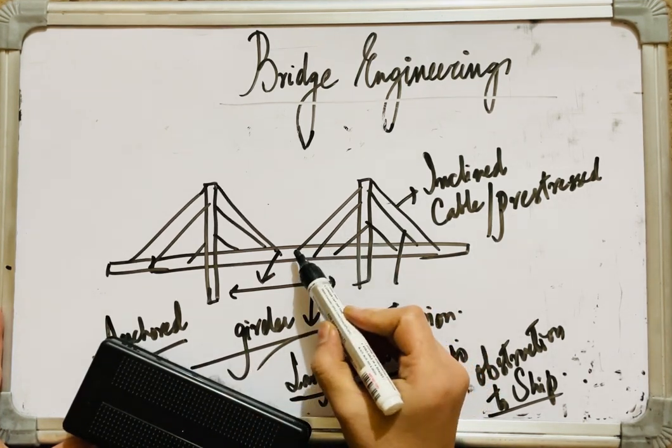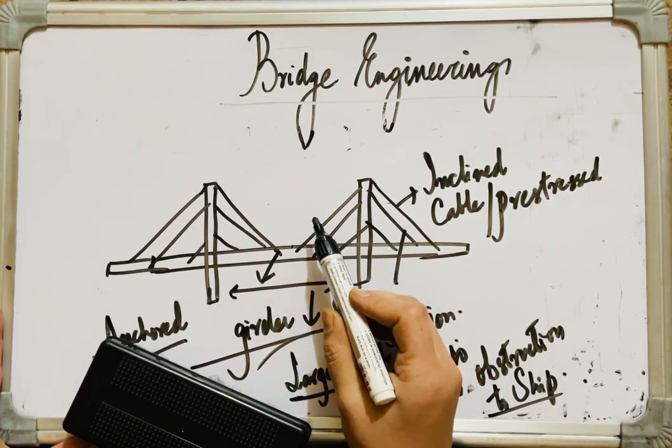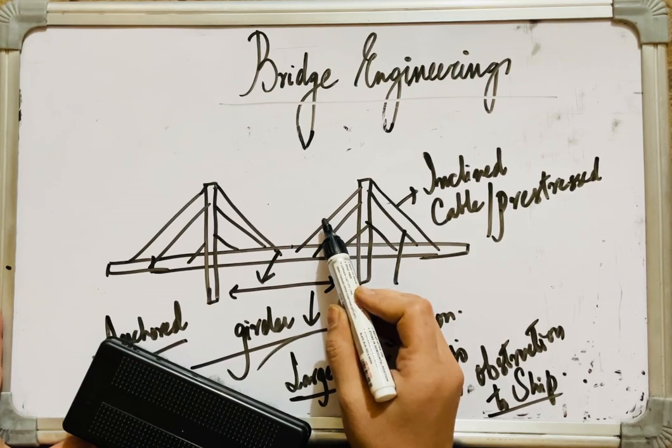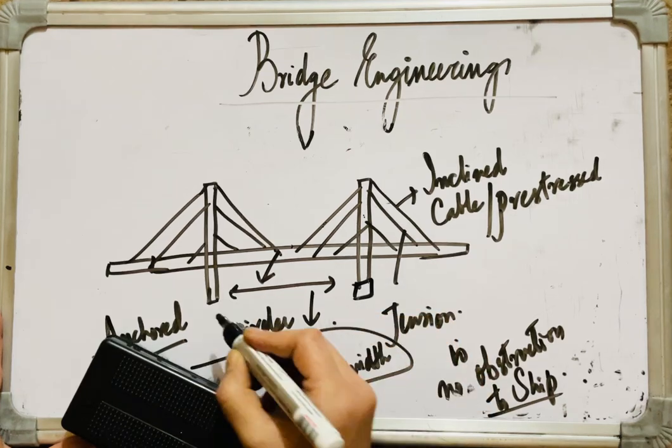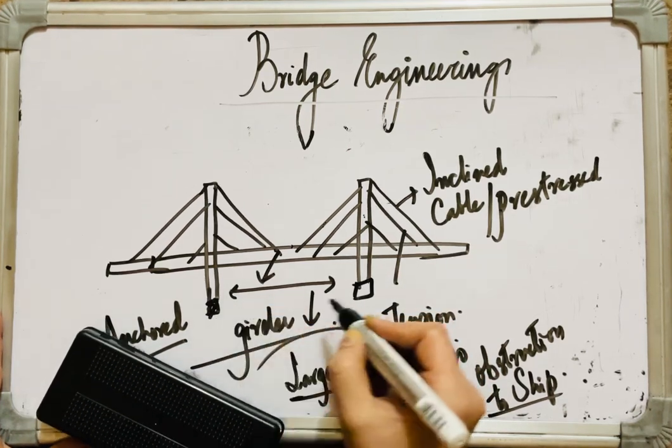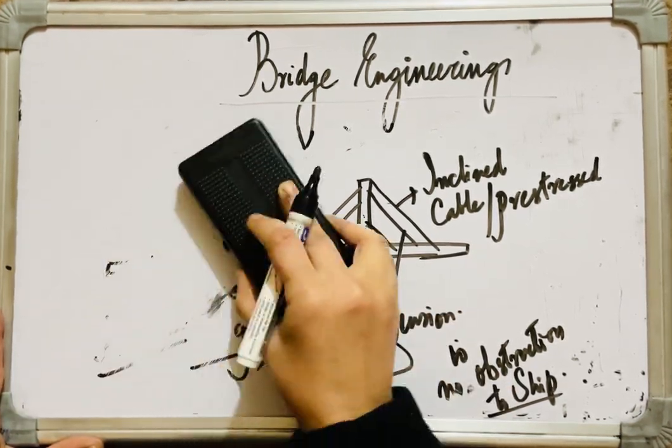And the loads on the bridge deck are first transmitted to these inclined cables, and then from these inclined cables to the towers, and then from these towers to the foundations below, because these towers also remain embedded in the foundation.